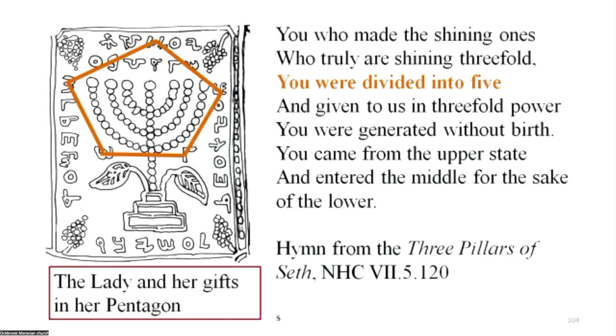But what I've done, I've taken a hymn from one of those texts that was found in Egypt at Nag Hammadi, labeled Gnostic, but they didn't give themselves that label. They thought that they were Christians, and they considered themselves the descendants of Seth, the great high priest.